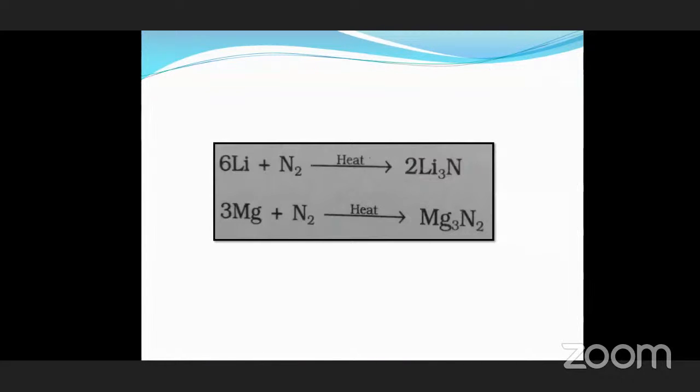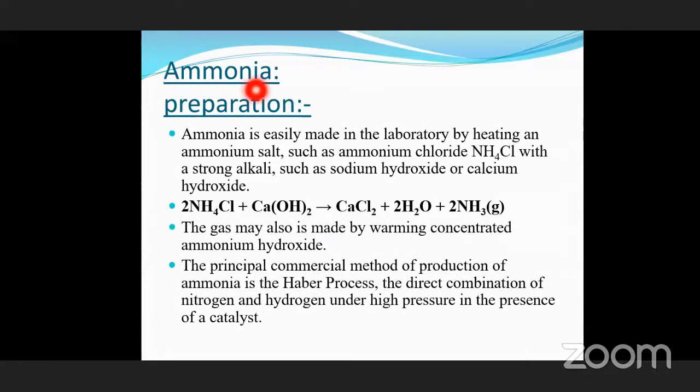Now here some reactions. When dinitrogen is reacted with lithium, what is formed? Li3N. It is very important. Similarly, dinitrogen reacted with magnesium metal forms Mg3N2. So these are some chemical reactions of nitrogen. Right, then here, preparation of ammonia.